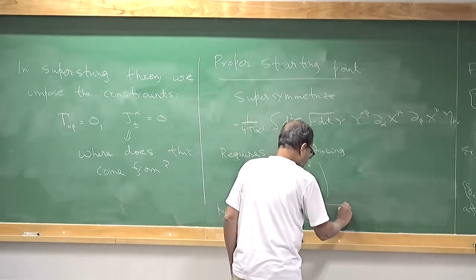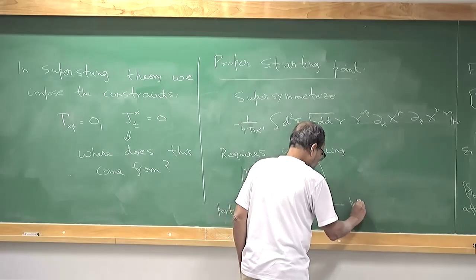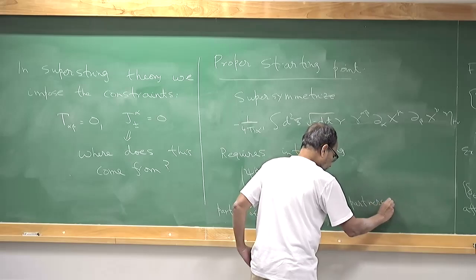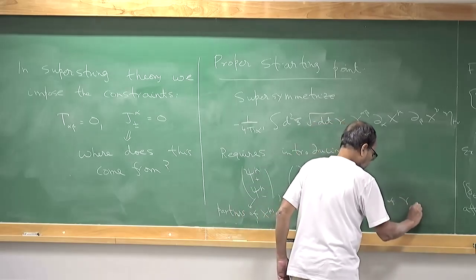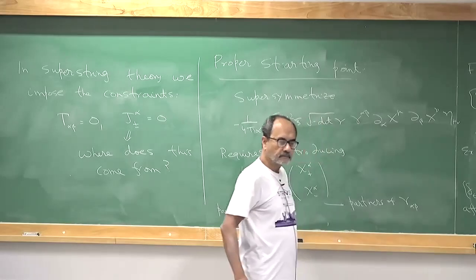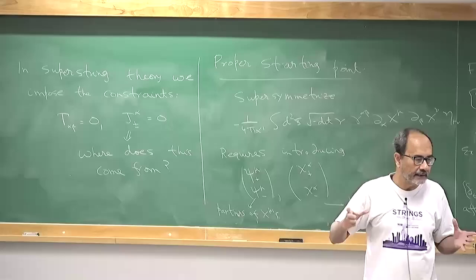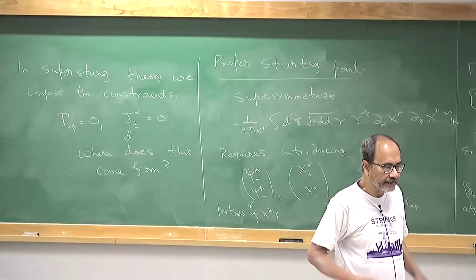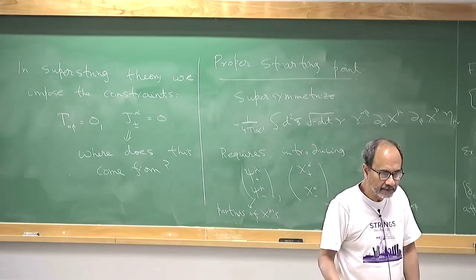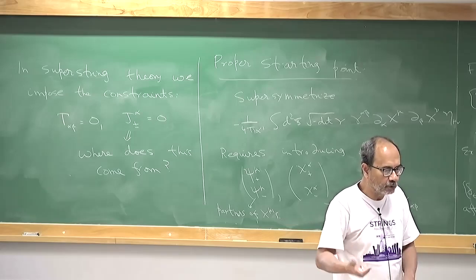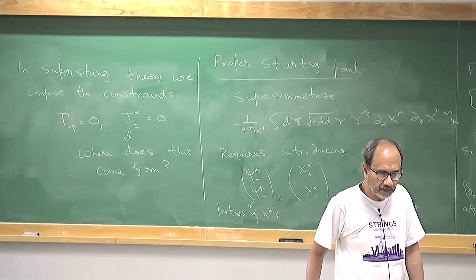These would be partners of gamma alpha beta. Okay, because once you want that the full thing should be supersymmetric, then delta gamma alpha beta should be something, right? Epsilon bar times some fermionic object, right? And then that fermionic object will transform into gamma alpha beta.